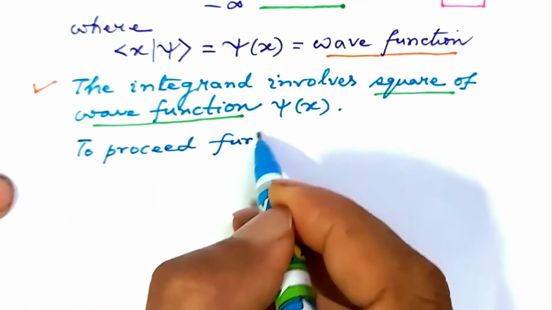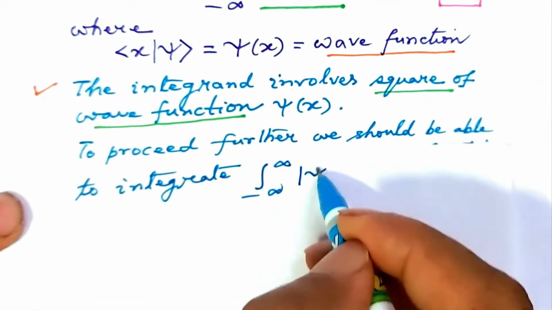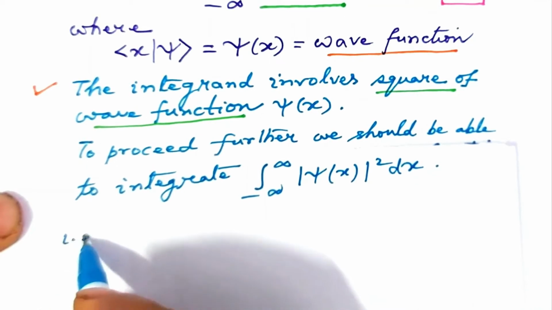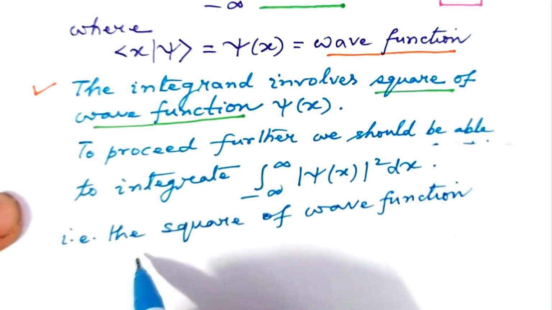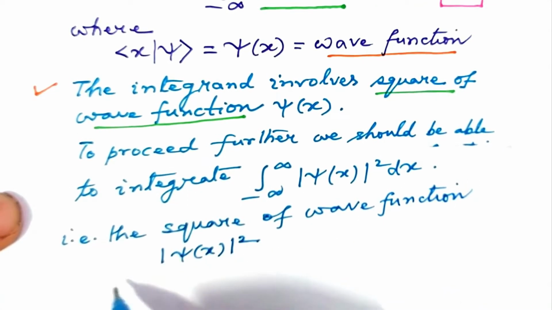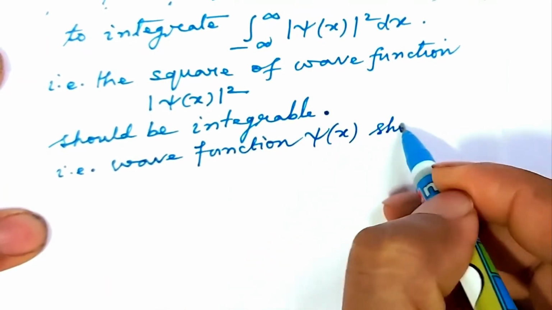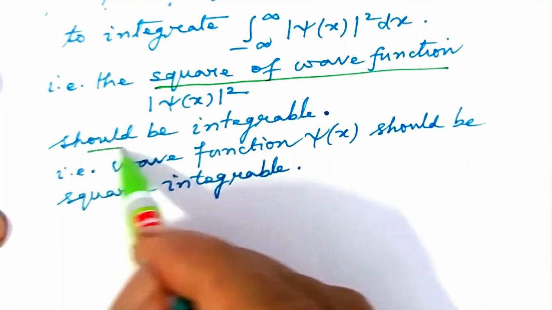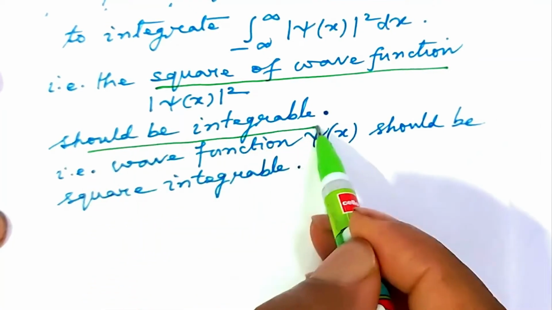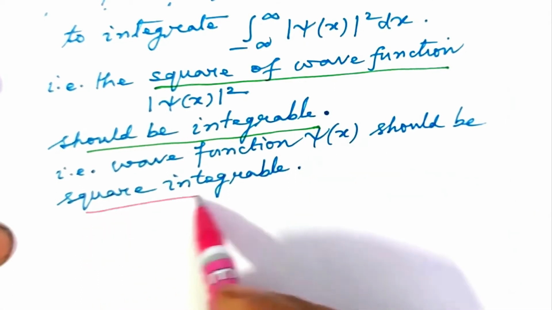To proceed further with the integration, we should be able to integrate, that is, put in a different language, the square of wave function mod psi of x square should be integrable, that is, wave function psi of x should be square integrable. This is a legitimate demand because if we fail to integrate, we will not be able to determine probability and quantum mechanics will fail then.